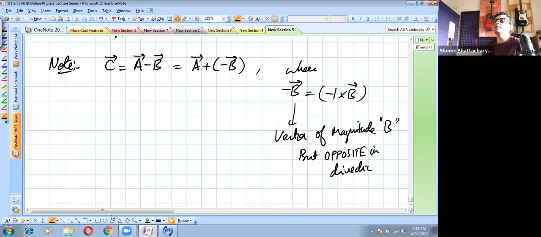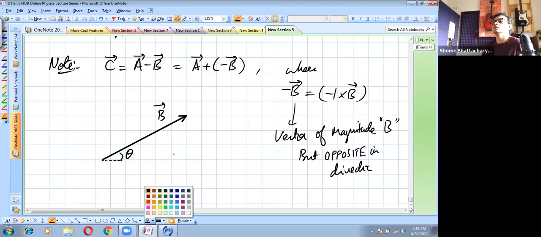So going back to my diagram, if this was the vector B, where this angle was theta, now the vector minus B will become this one. It's a vector like this, anti-parallel to B. You can draw it here also like this.